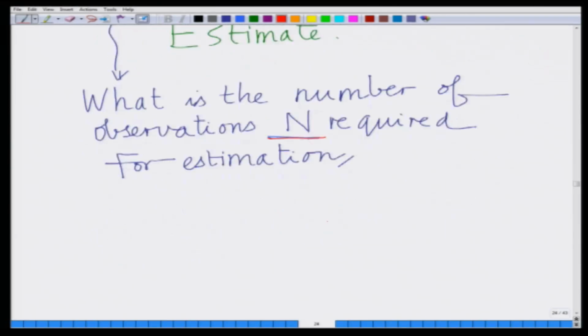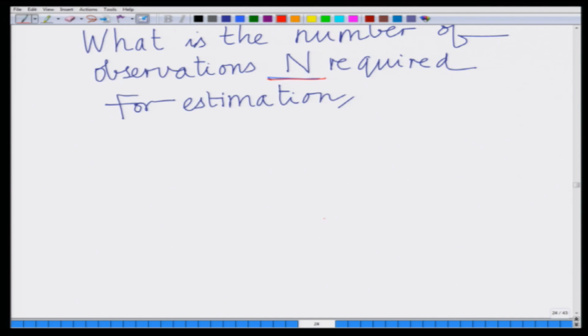It is not an easy task, because the maximum likelihood estimate H hat is random in nature. So it is quite challenging, and we are going to look at how to decide the number of samples n that is required. The approach that we are going to employ involves probability.